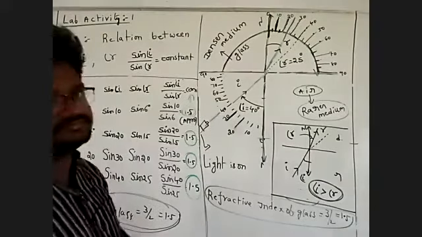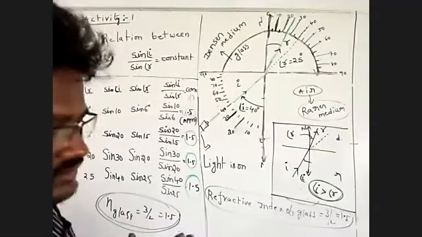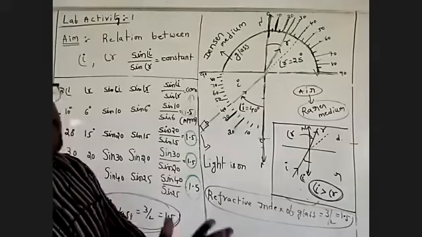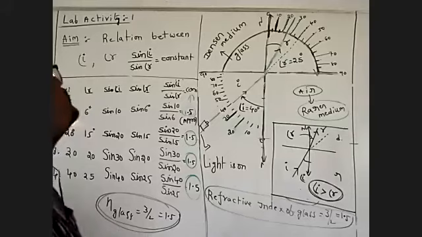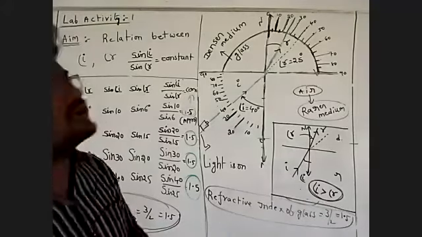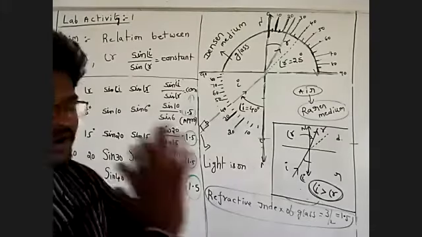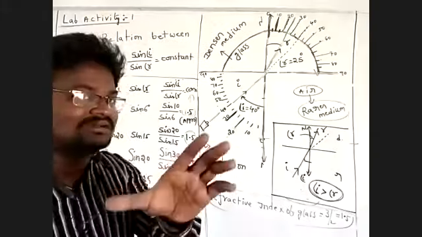Okay. In the exam, if they ask this question, explain lab activity 1, there is a relation between angle of i, angle of r, and sin i by sin r is equal to constant. In exam point of view, how can you write this explanation?